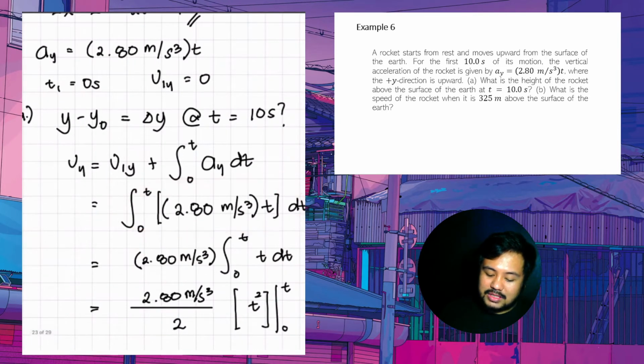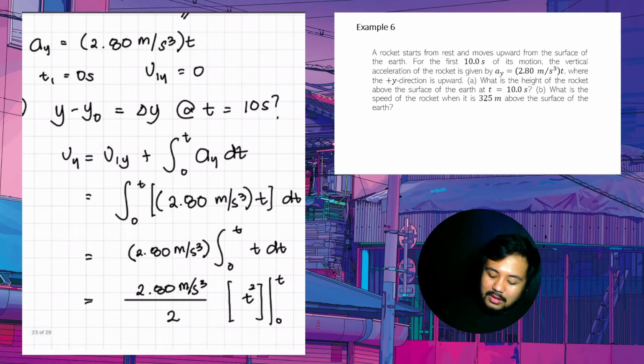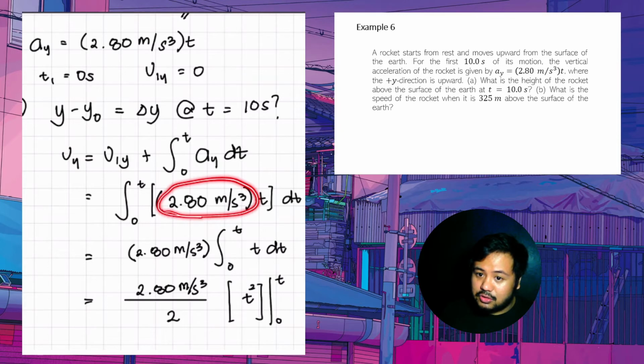We have to substitute a_y here. So we have the integral of 2.80 meters per second cubed times t dt evaluated from 0 to t. For all we know, 2.80 meters per second cubed is a constant, so we could take that out.